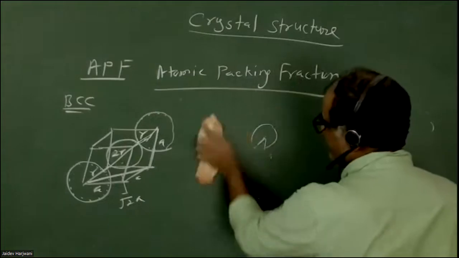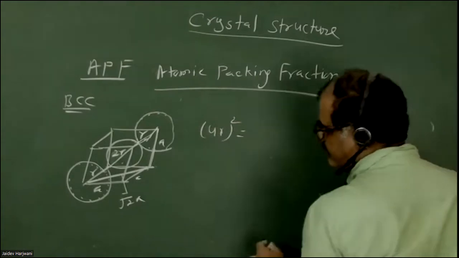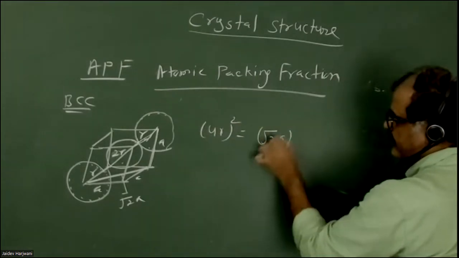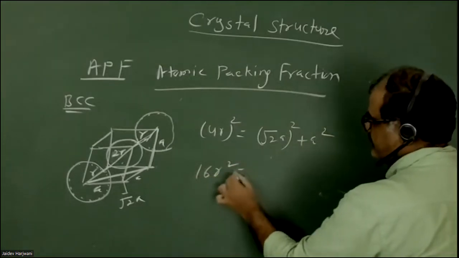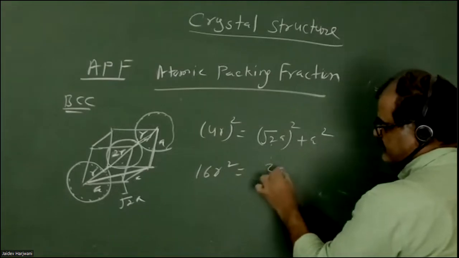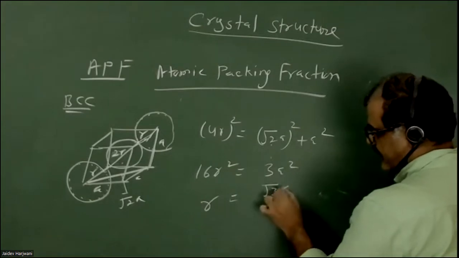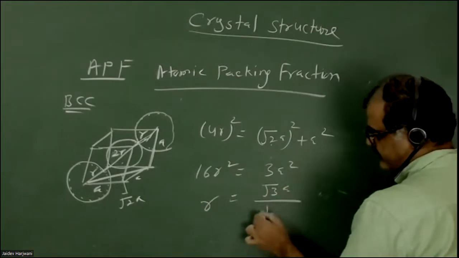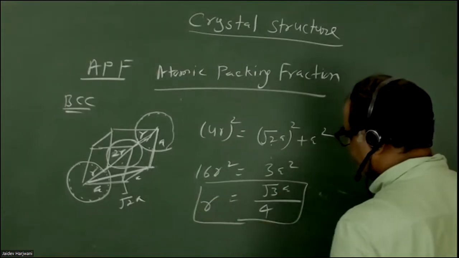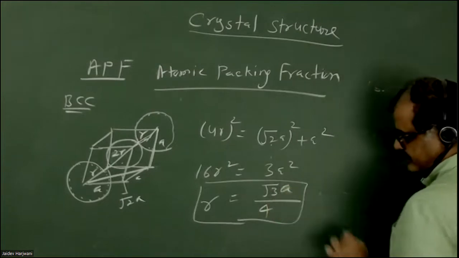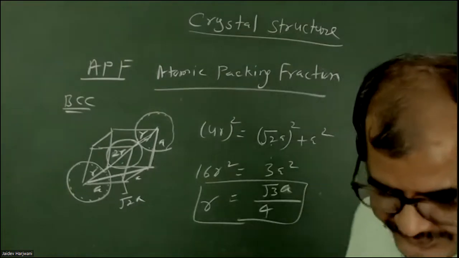So I can write 4R square is equal to root 2A square plus A square. That means 16R square is equal to 2A square plus A square, which is 3A square. So my R will be root 3 A under 4. This is the relation between R and A for body centered. Are you getting this? Yes sir.